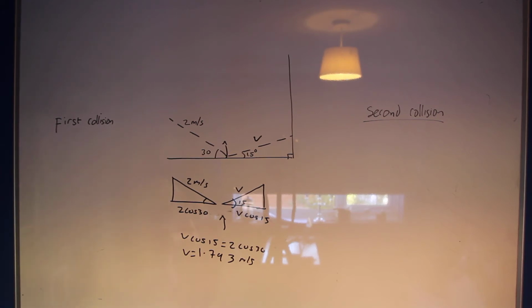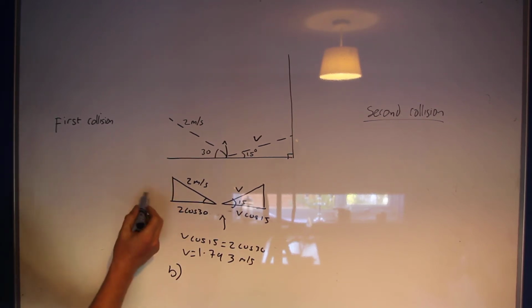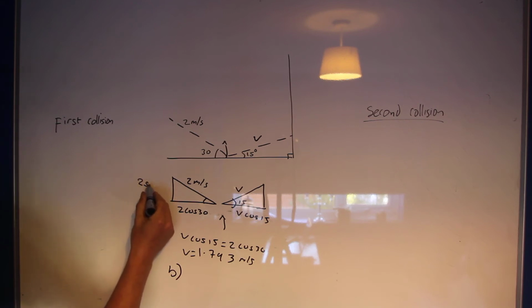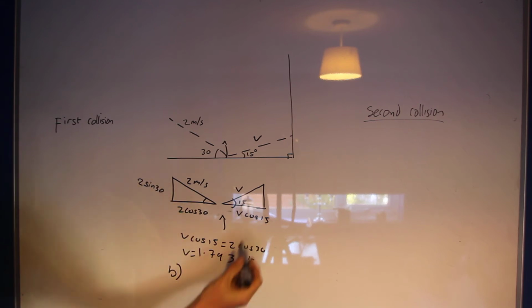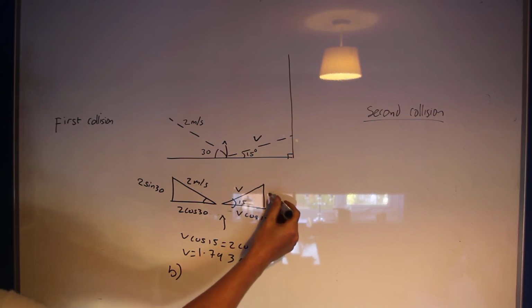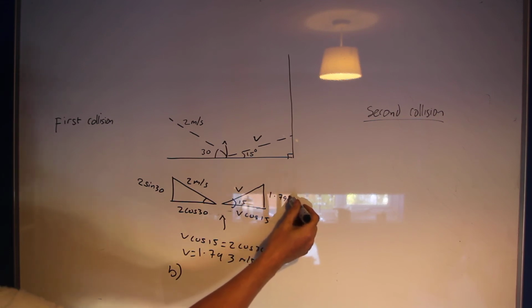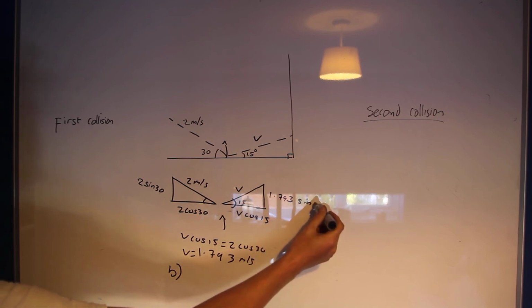Now for part B, I'm going to try and do this over here if I can get enough space. Right, so part B, I want to look at just the vertical components now, because that's the bit that E actually has an effect on, right? So this vertical speed here will be 2 sine 30, whereas this vertical speed here would be 1.793 sine 15, because that's V sine 15.